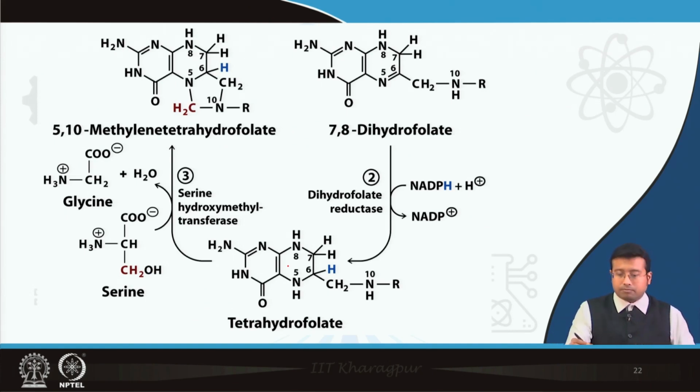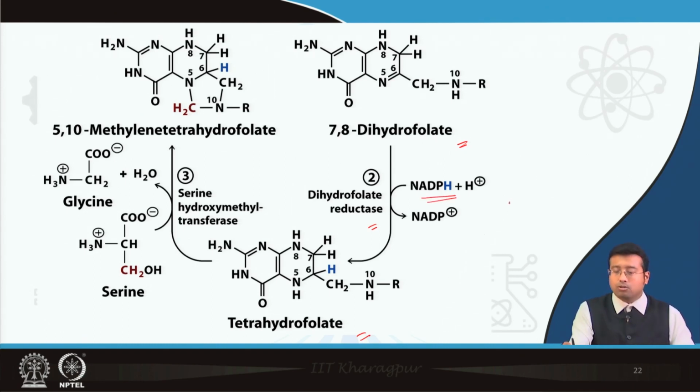So who does that? We got dihydrofolate in the previous reaction. This is acted upon by the enzyme dihydrofolate reductase to form tetrahydrofolate. The reducing equivalent that donates the hydrogen in order to convert dihydrofolate to tetrahydrofolate is again NADPH.